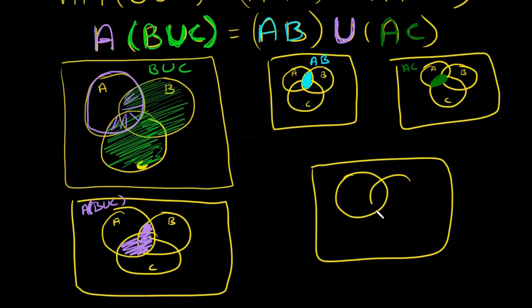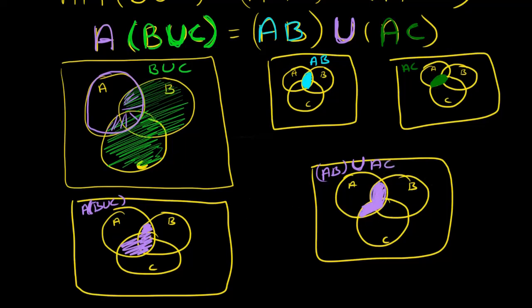Okay, A, B, and C are here. So I'm looking at being in this AB area, or in this AC area, since union means either or.